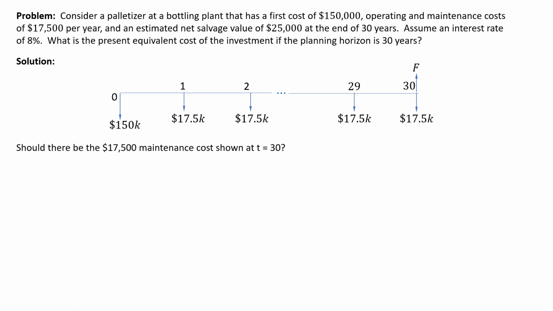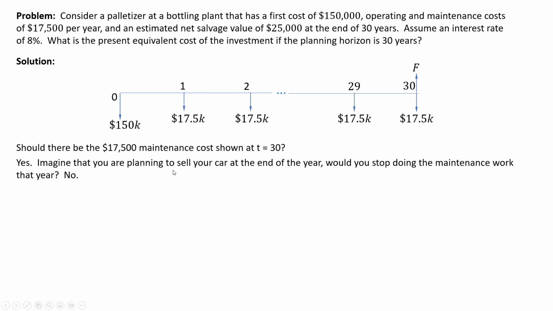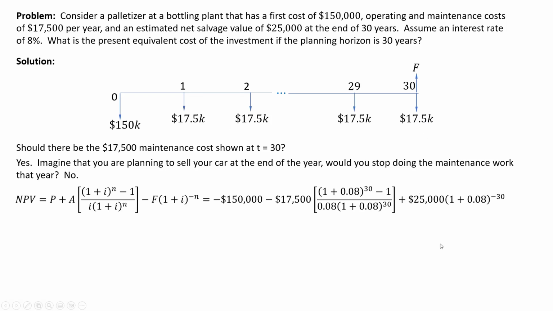The answer is yes. Because imagine that you're planning to sell your car at the end of the year. Would you stop doing the maintenance work that year? No. You're planning to sell it at the end of the year, so the whole year you would be maintaining it. You are using it, and so you would need to maintain it, right? So, yes, it makes sense to include the maintenance cost even at t equals 30.